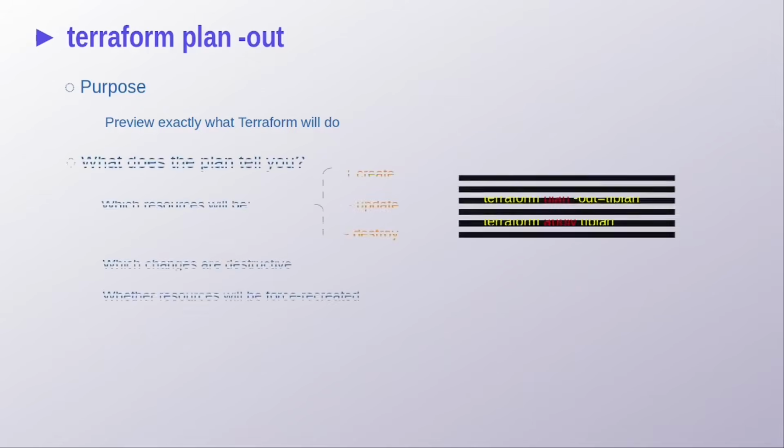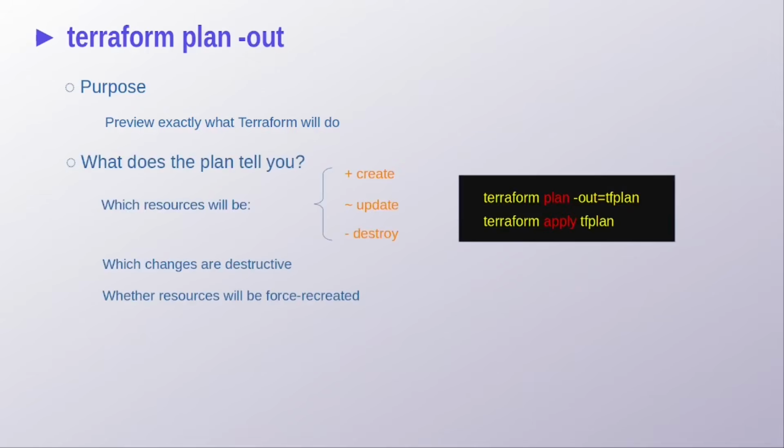Terraform plan, the most important step. Purpose: terraform plan answers one critical question. What exactly will change? This is where production safety lives or dies. What does the plan show?